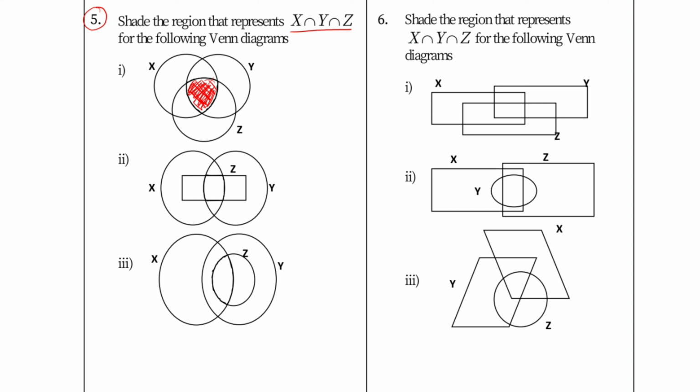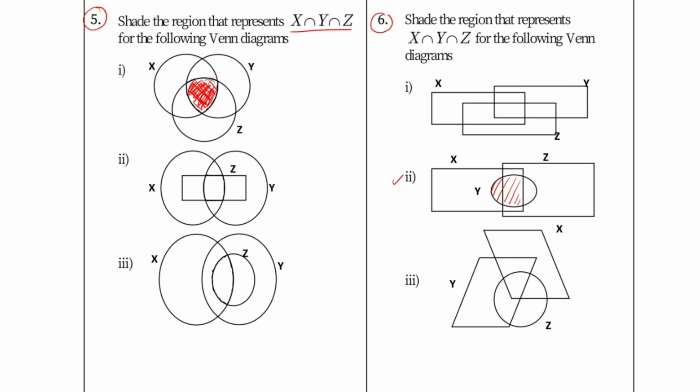Now refer to question 6. I will show you an example of how to shade the region X intersection Y intersection Z. First, you shade the region of X intersection Y. X intersection Y is this region.